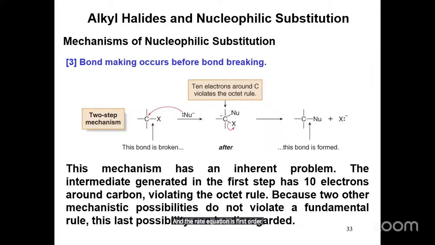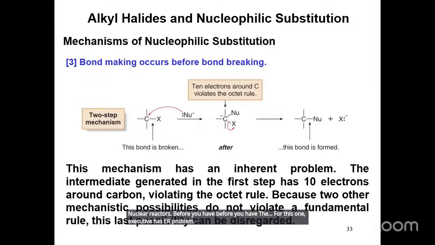The third possibility involves the nucleophile attacking, that is bond making before bond breaking. The nucleophile will attack before the halogen leaves. This mechanism has an inherent problem.